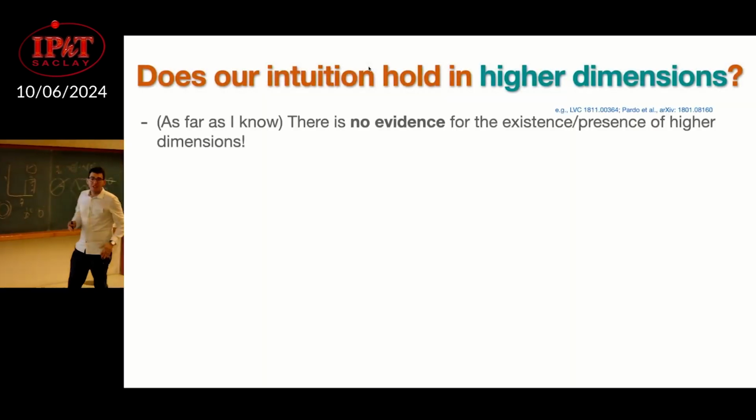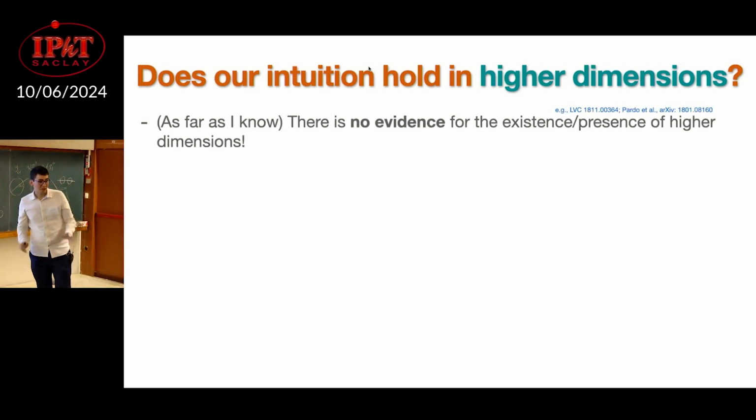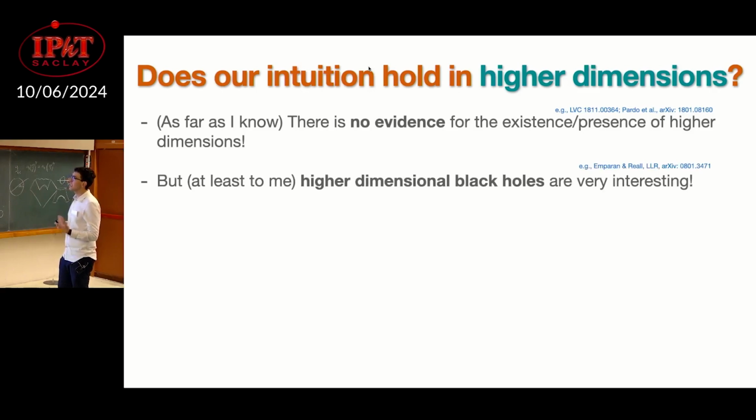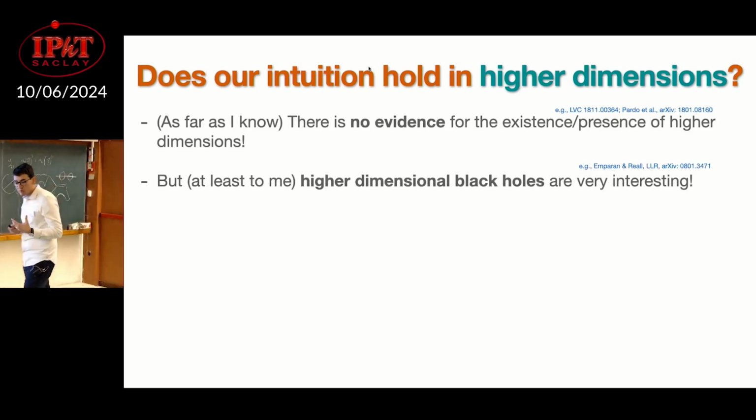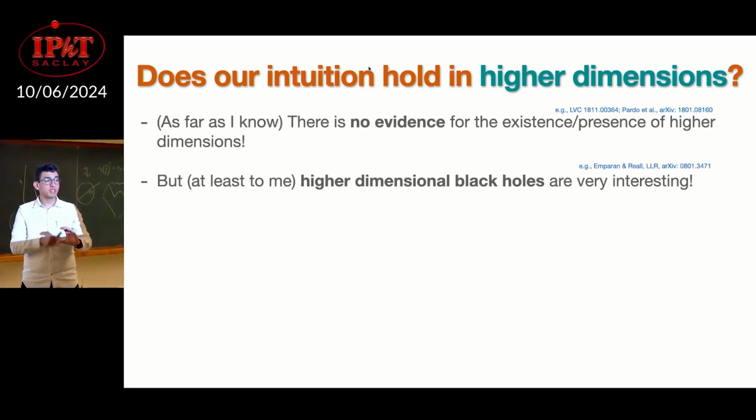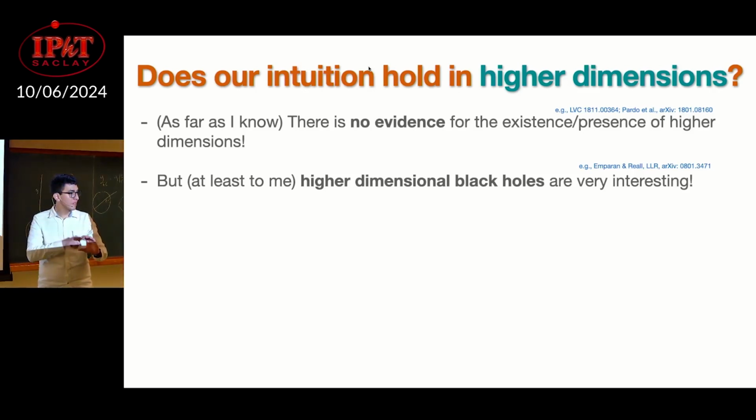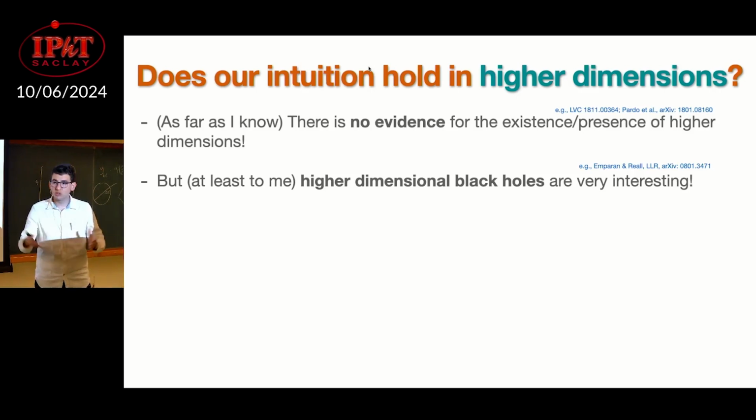In principle, there is no astrophysical evidence for higher dimensions so far, but they are quite interesting. One of the key properties that seems to be generic from higher dimensions is that the trapping I told you about is not unstable like in GR. It's actually stable. Someone mentioned that then something will build up here.